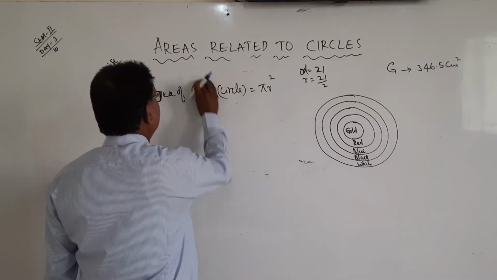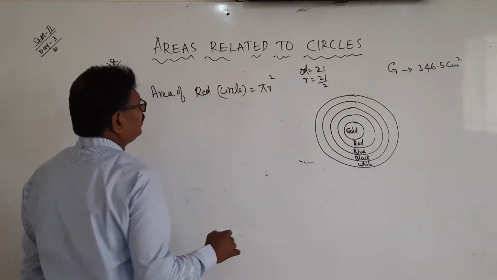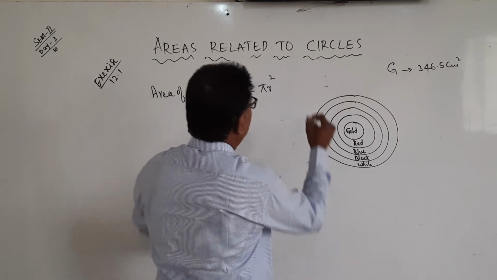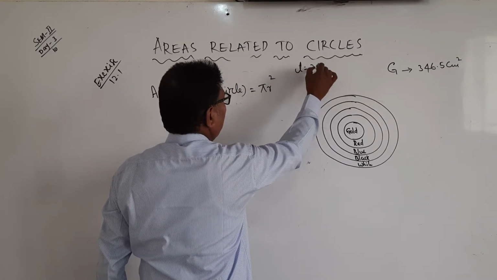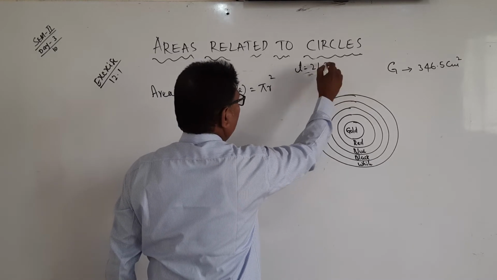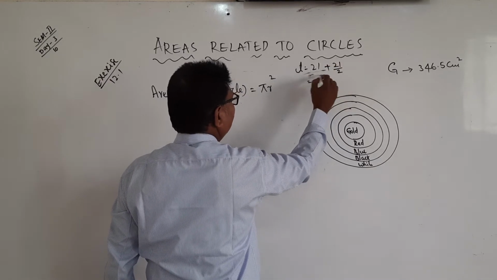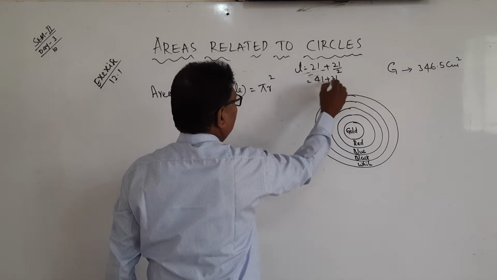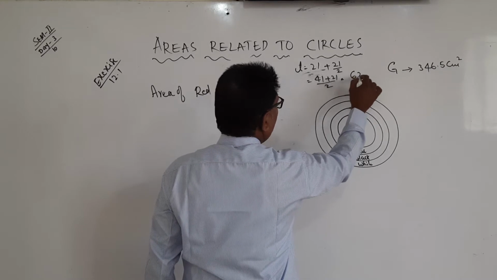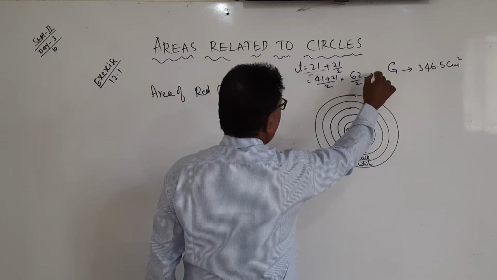You see, now it is not gold, now it is red. Now first we will find out its radius. Okay? Now the diameter is how much? Already 21 by 2 is there, plus 21 by 2, which is 62 by 2, so 31.